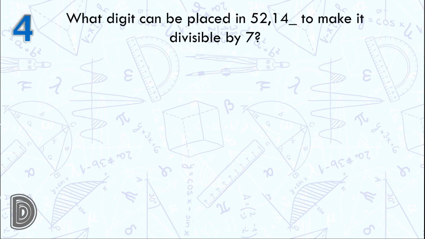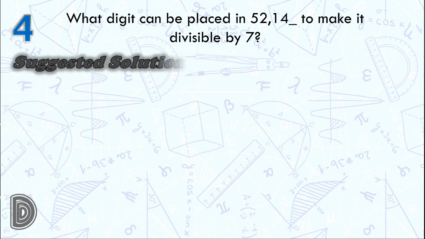Question number 4. What digit can be placed in 52,140 blank to make it divisible by 7? Here is our suggested solution. In the divisibility rule for 7, what we do is get the units digit of the number, multiply it by 2, then subtract the result from the remaining digits, and if the result is a multiple of 7, then the number is divisible by 7.